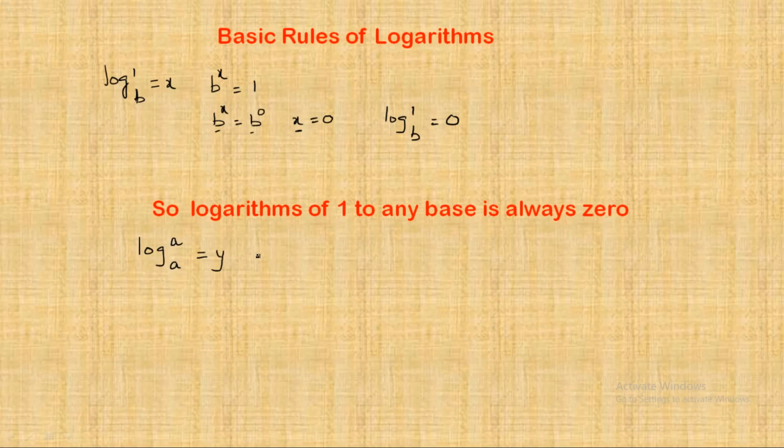So now we convert into exponential form, then this becomes a power y is equal to a. Since the bases are equal here, we can equate the powers on both sides. So since there is no power to this a on the right side, we can consider it as 1, or I can raise this power of a to 1.